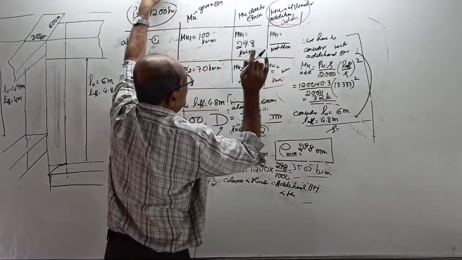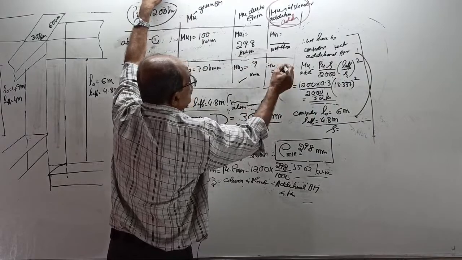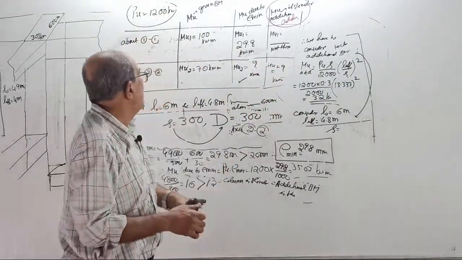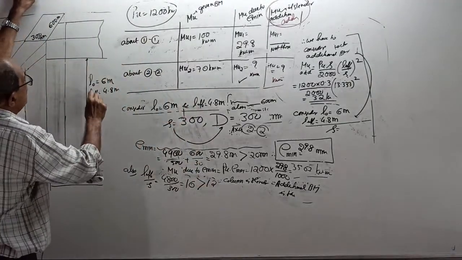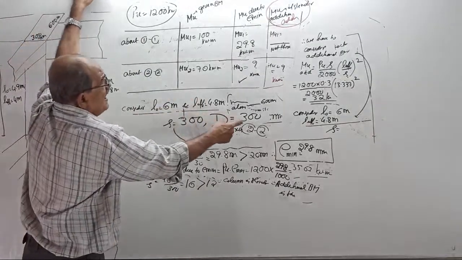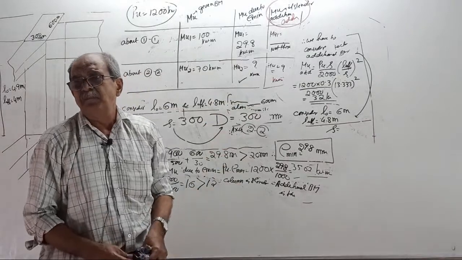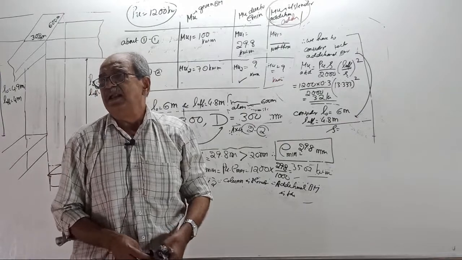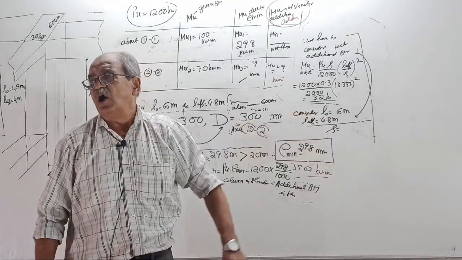Now you do one thing. I'll take a small break. You tell me this value and also this value. I'll give 5 minutes time. Take L0 equal to 6 meter, L effective equal to 4.8 meter, structural depth equal to 300, axis 2. Find E minimum, compare with 20 mm, take the higher value, then find Mu due to E minimum, and also whether the column will come short or slender.